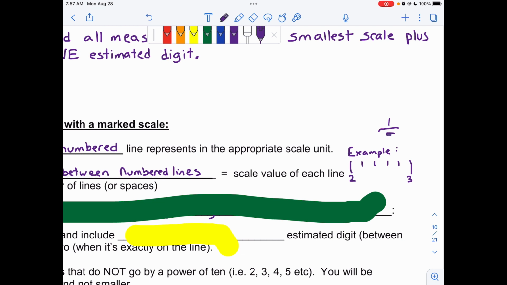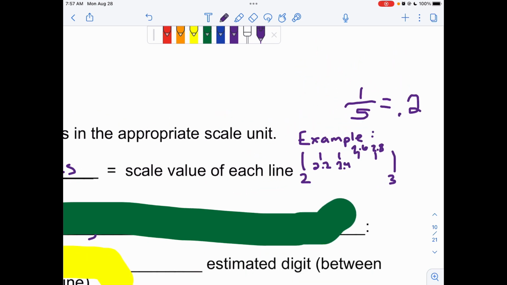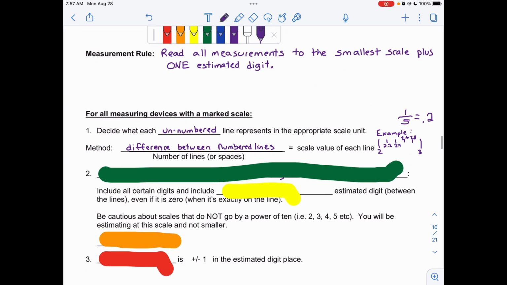So I'm dividing by 5. The value of each of those lines is going to be 0.2. 1 divided by 5 is 0.2. If I zoom in really far, I can write here: this is 2.2, this is 2.4, this one is 2.6, and this one is 2.8. We're going up by 0.2 each time. That's how we're figuring out what each of those lines is.